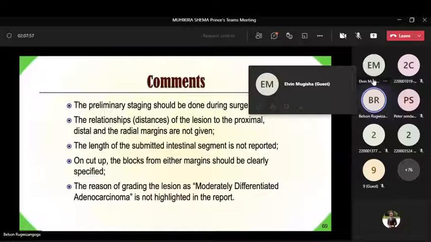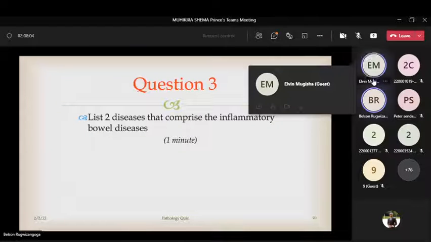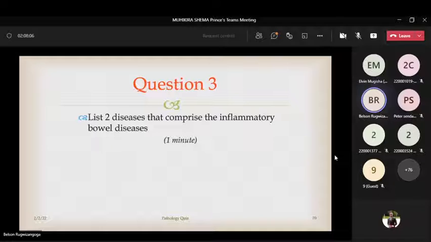Okay, so no question, then we go on. So list the two diseases that comprise the inflammatory bowel disease.